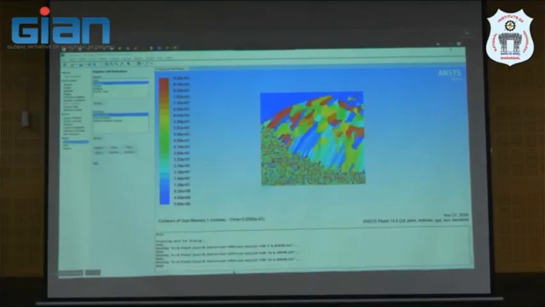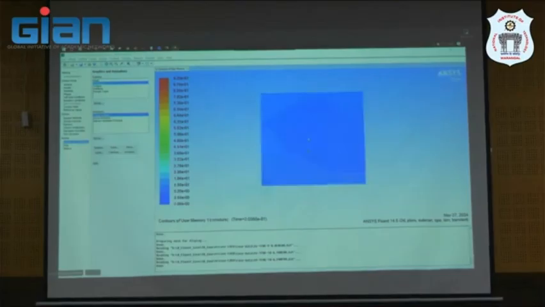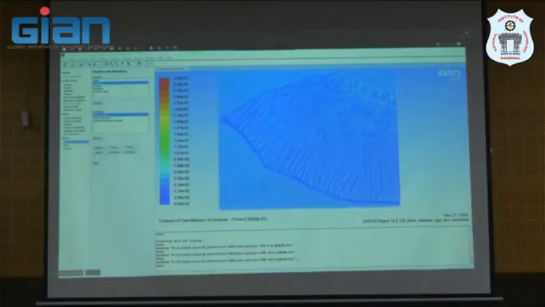Only 2D. Yes. But we will show the next slide in 3D. But you will see here how the dendrite actually breaks up and then forms the equiaxed grain at the top. This is how the transition from columnar to equiaxed grains happens. So this simulation gives very detailed insight into what happened.